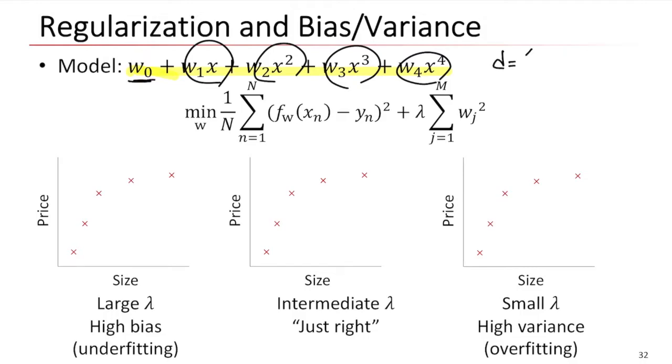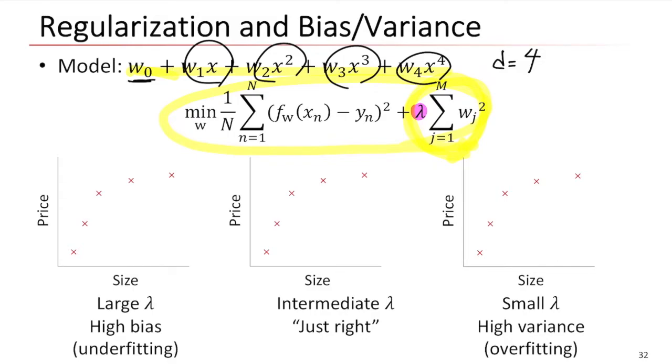So in this case, d is equal to 4, right? In this case, our regularized linear regression problem is described something like this, with some kind of regularizer here, with penalty variable lambda.